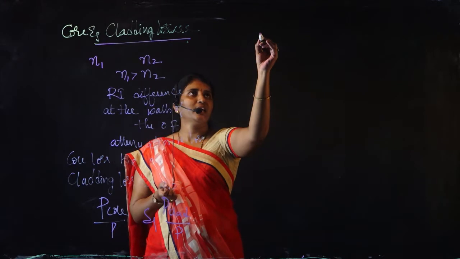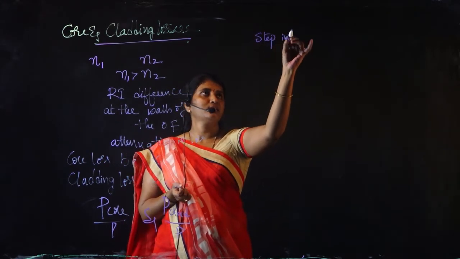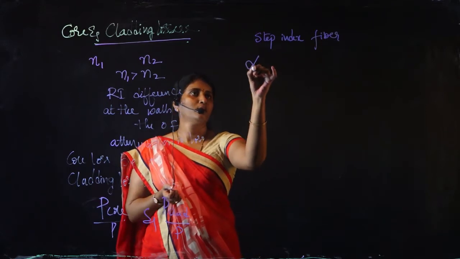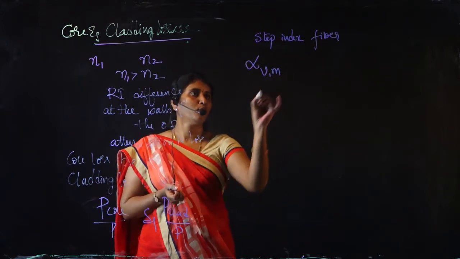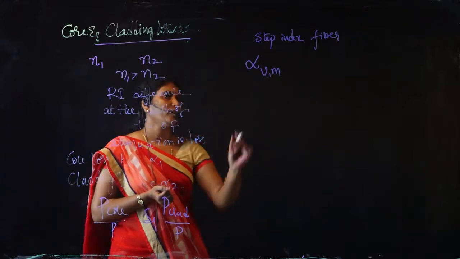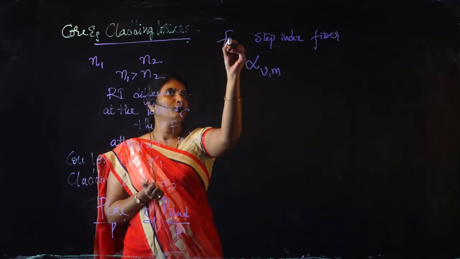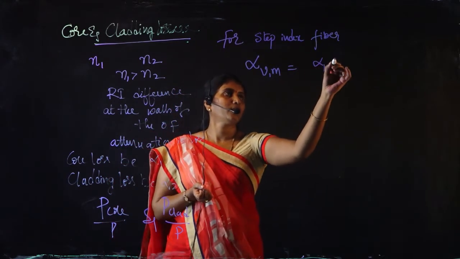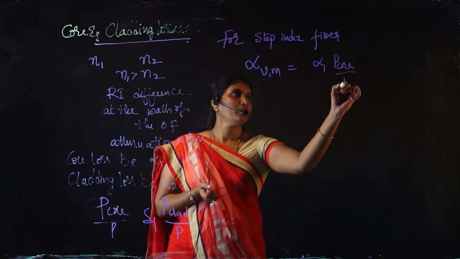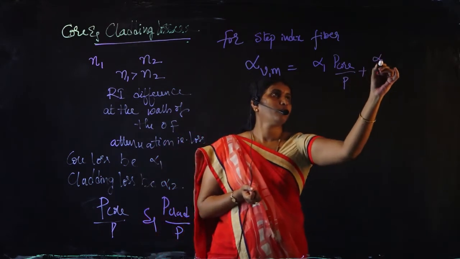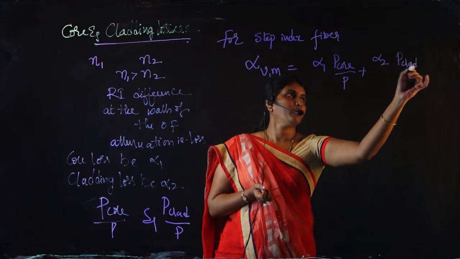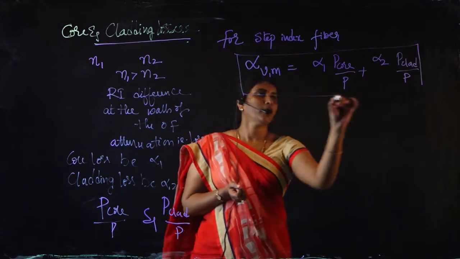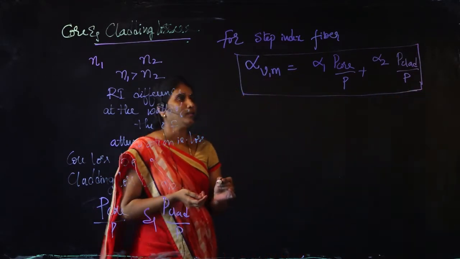Now suppose you take a step index fiber operating at a mode Vm, then the total amount of attenuation in the step index fiber at the core and the cladding interface is alpha 1 P core by P plus alpha 2 P clad by P. This is the expression that is given for the amount of attenuation at the core and cladding.